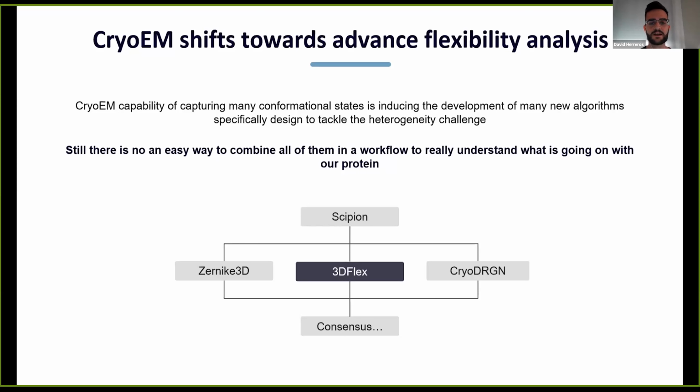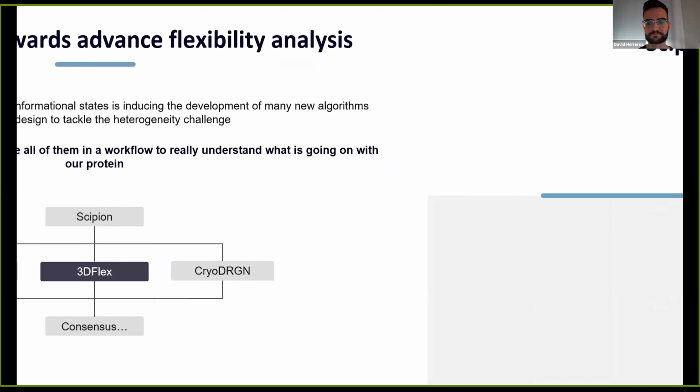And this is why we decided to develop the Flexibility Hub, because we had the feeling that there is a lot of very powerful software coming out, but we don't really have a way to use all of it together to get the best out of our samples, our images, and our proteins.